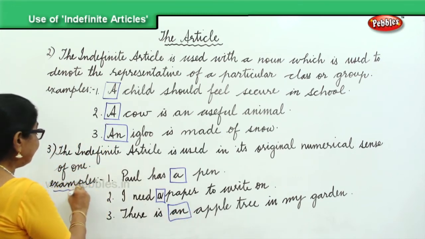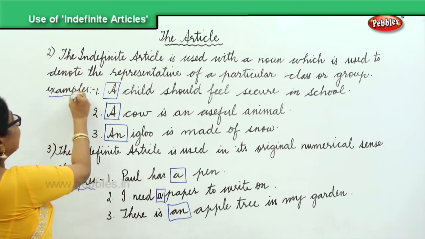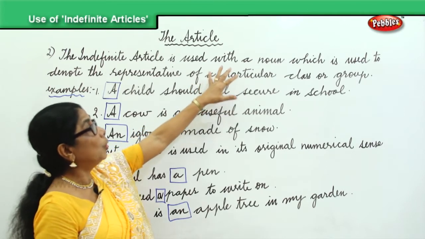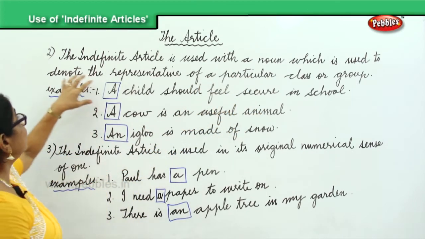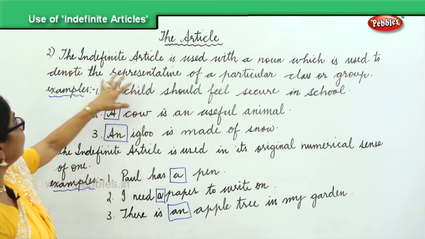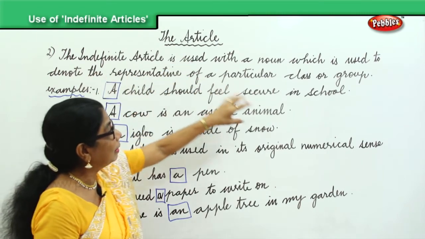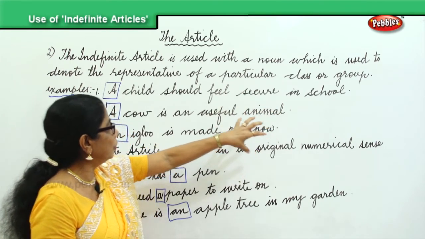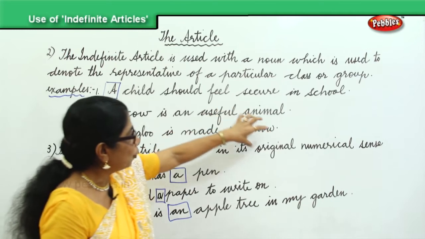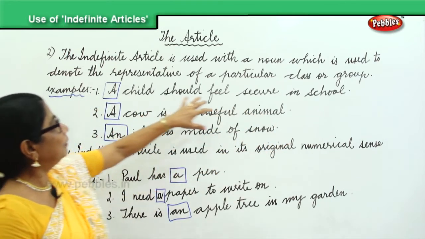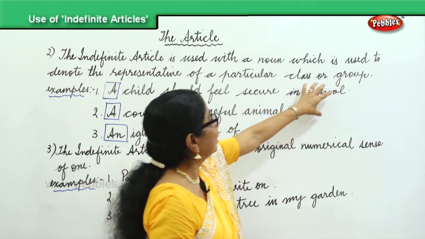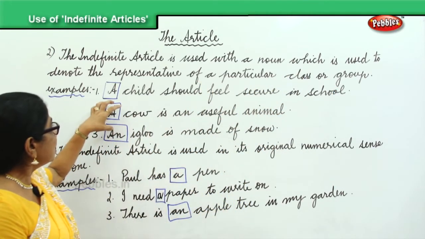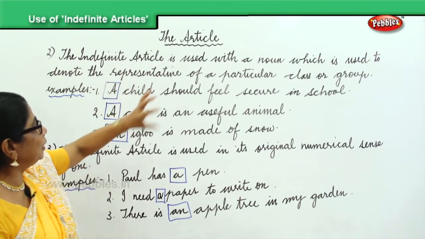in my garden. Okay, so the indefinite article here is used with the noun to denote the representative of a particular class or group: school, animal, snow. So, a child should feel secure.